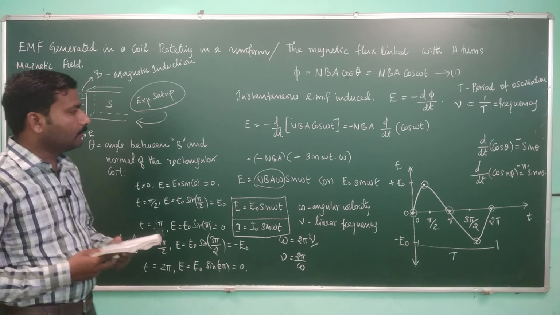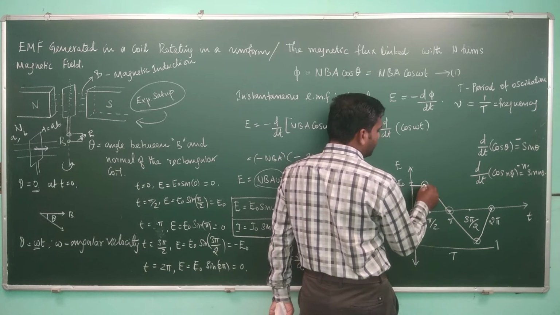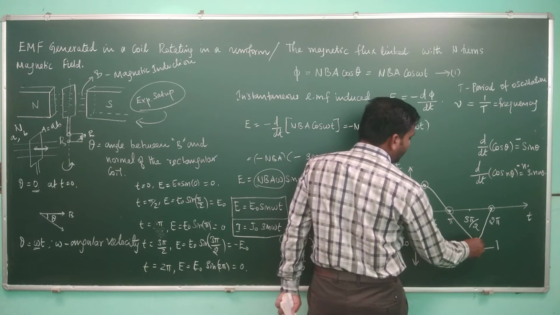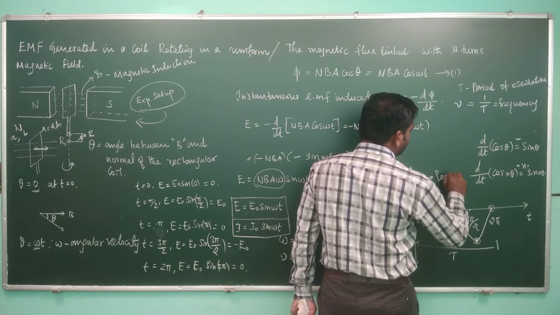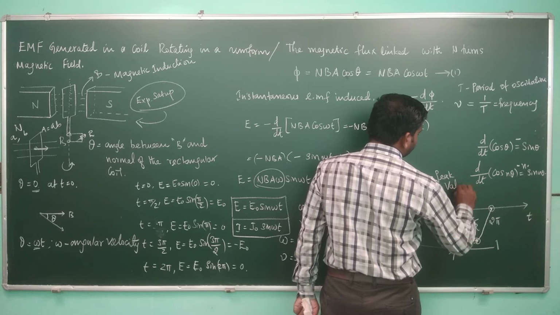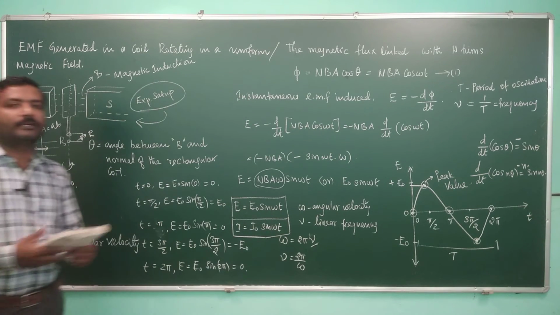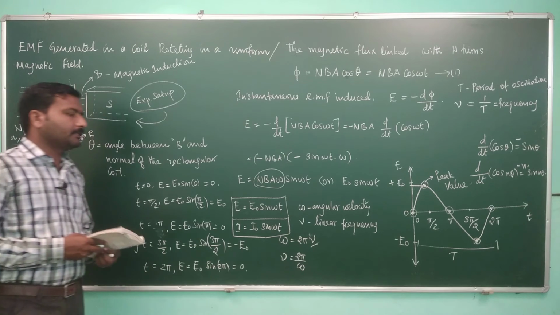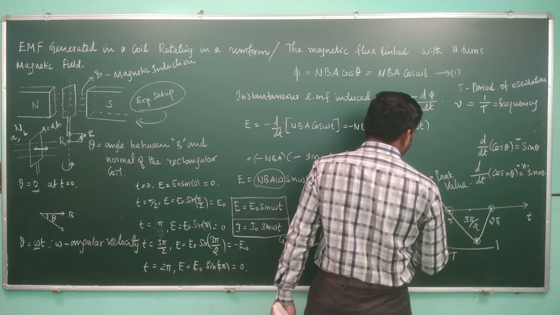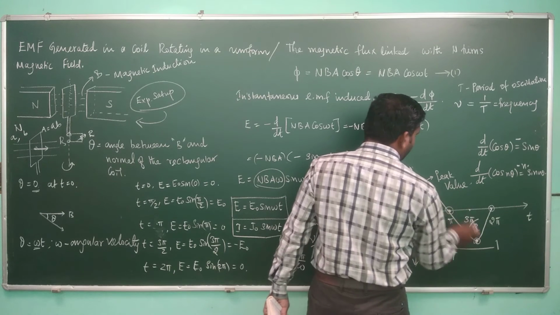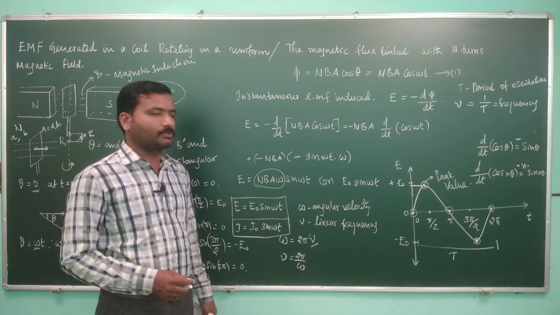Here, this is the peak value, the maximum value on either side, on the positive and negative side. It is called the peak value of the alternating current, or the peak value of the alternating voltage. That is the maximum value in a cycle in both positive and negative directions.